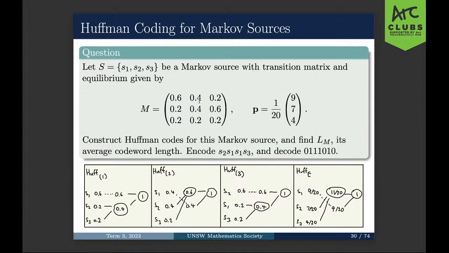Make sure that you order the probabilities in decreasing order as you go down the column. In this case, we have the symbols S2, S1, S3 going down because the second symbol is the one that occurs the most frequently. The other ones are in the correct order to begin with.